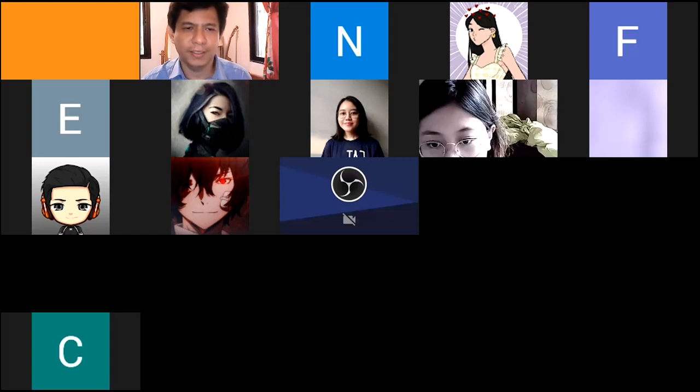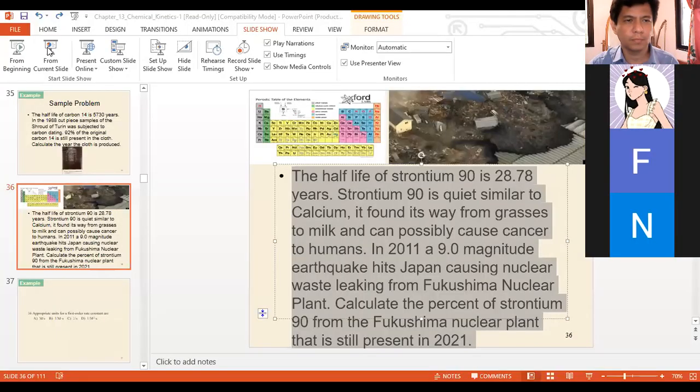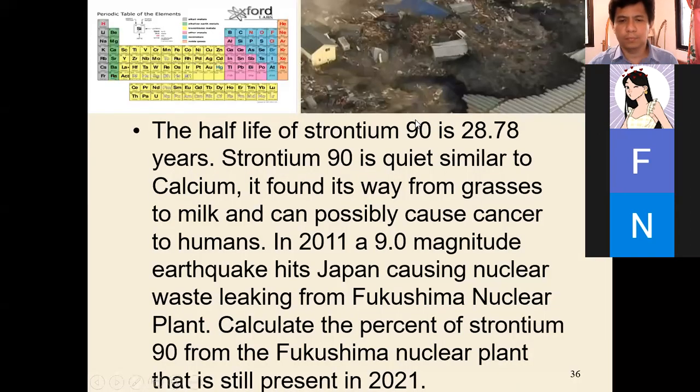Ay, hindi ko napalitan yung pangalan. Please try to solve it.